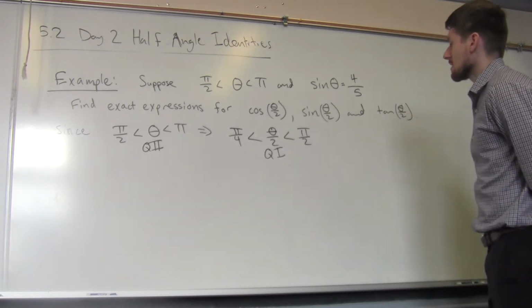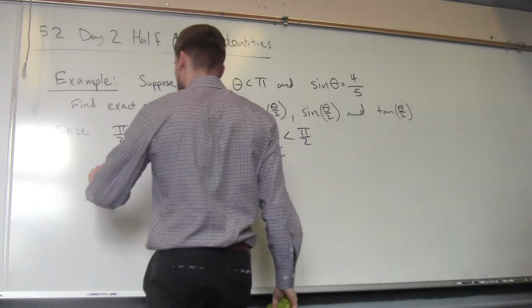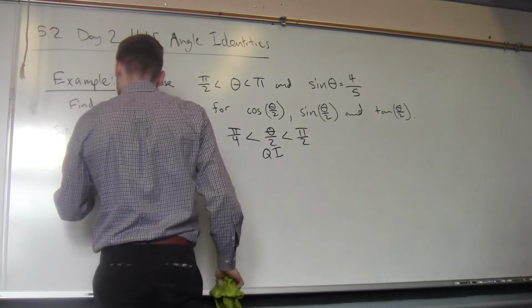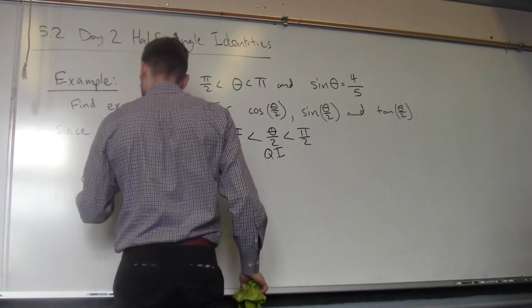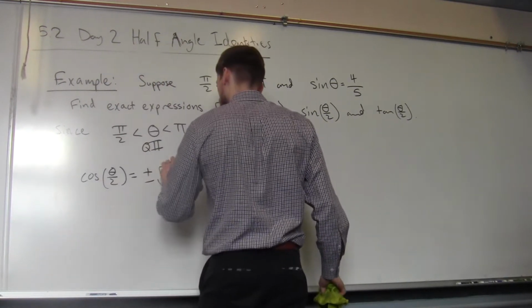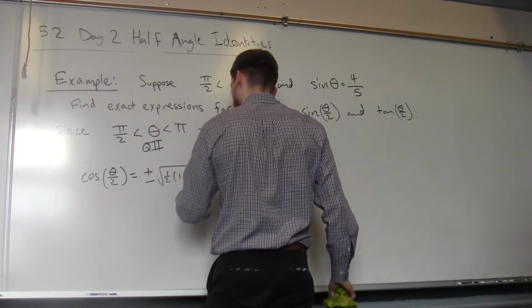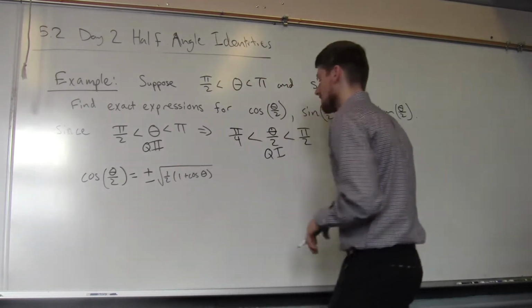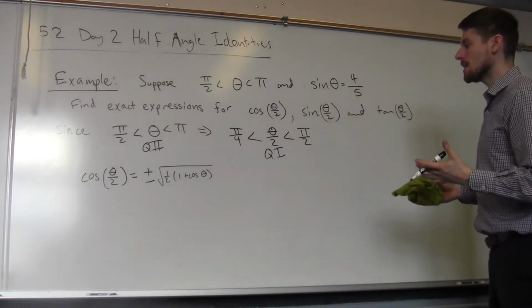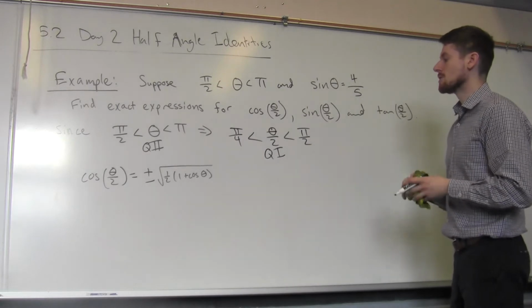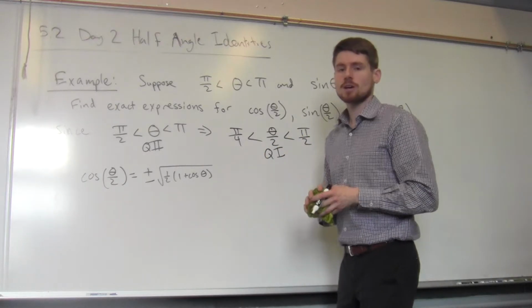Okay, so let's write down our formula. Cosine of theta over 2 equals plus or minus the square root of a half times 1 plus cosine theta. Well, I don't know cosine theta, but I do know sine theta, and I know the quadrant theta is in, so I can find cosine theta.